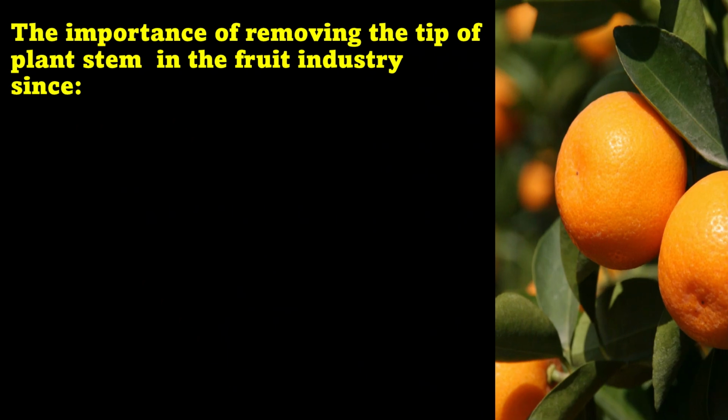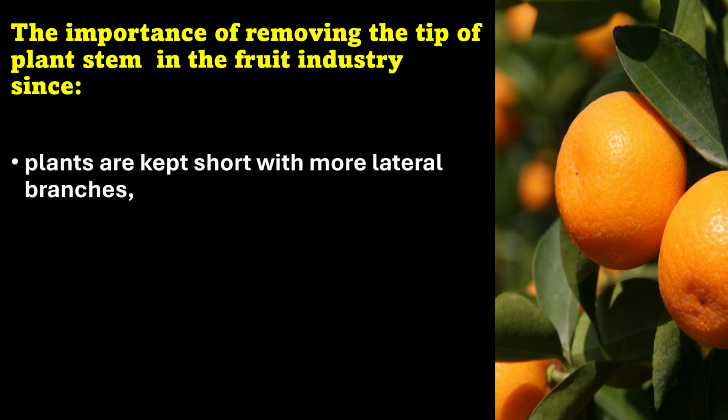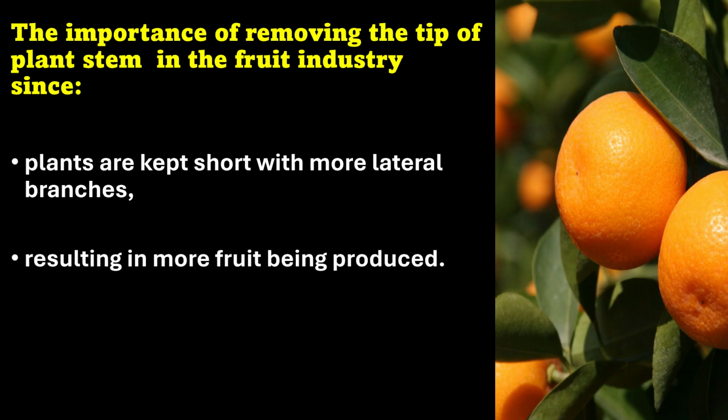Now, this will lead us into the fruit industry in agriculture. What is the importance of removing the tip of a plant stem? So here are the answers, and they explain the importance of removing the tip of the plant stem. When you do so, one, plants are kept short with more lateral branches.